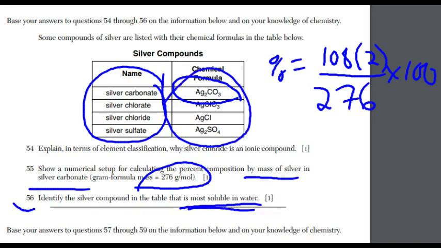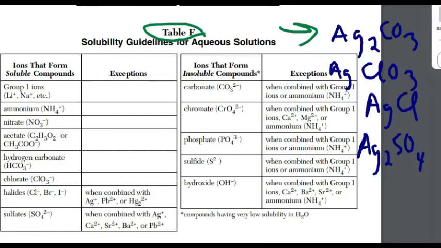More specifically, we're going to look at the formulas. At reference table F, I wrote down the compound formulas again. Before I use reference table F to figure out whether it's soluble or insoluble, remember we're looking to split these formulas, because the way that reference table F is written, we're looking for the positive and the negative ions.